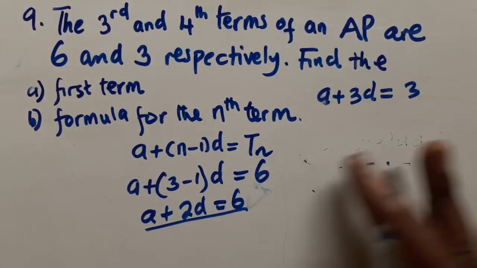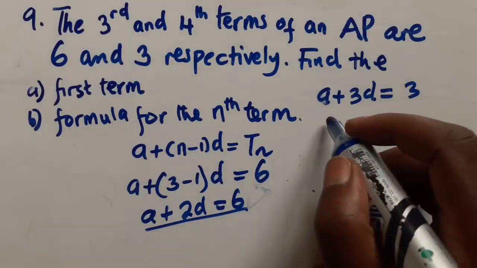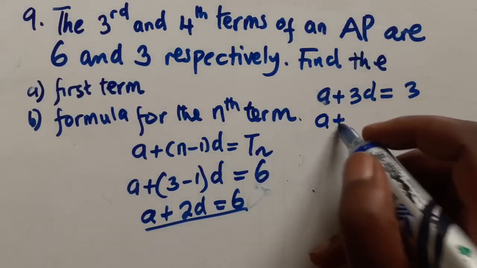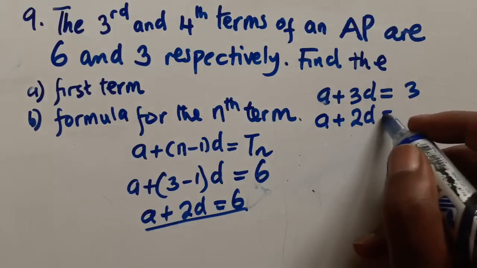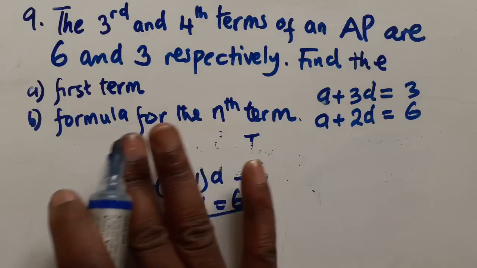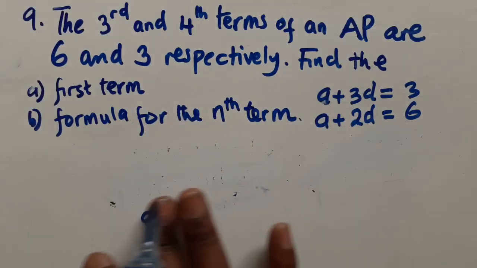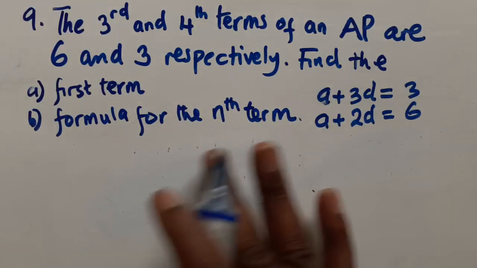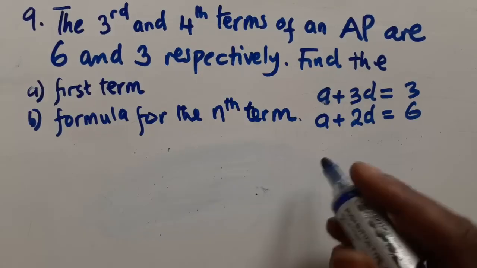We bring this other one down here and say A plus 2D is equal to 6. Then we solve these two equations using one of the simultaneous methods that you are comfortable with.